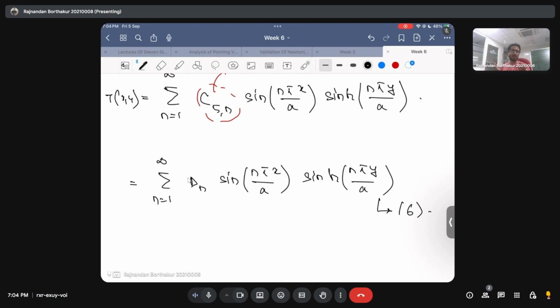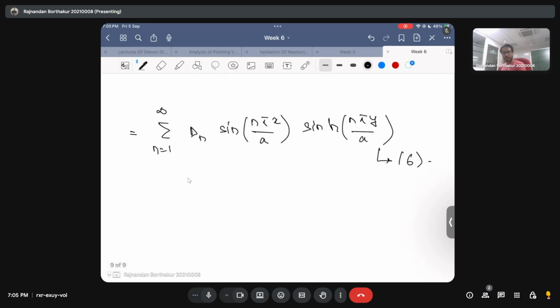This is, I would say, the third most important step in applying separation of variables. Let's see what boundary condition is left. The boundary condition for the upper face is that t for all x at y equal to b is equal to a times x, where a is just a constant.